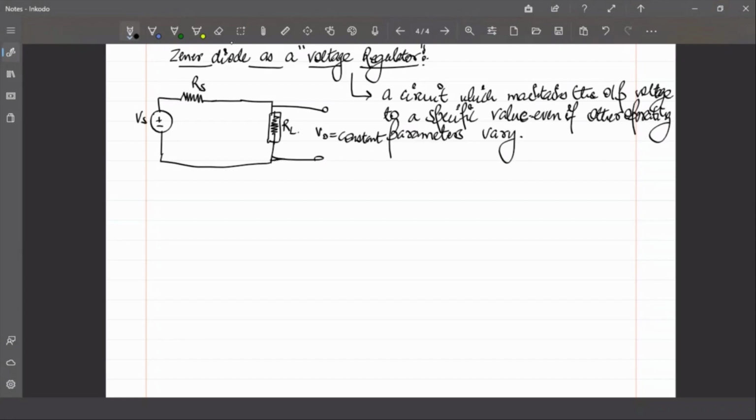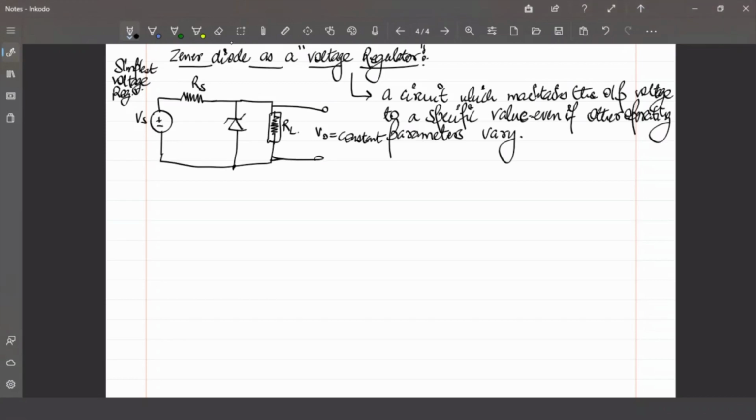That means I connect the Zener such that the cathode is connected to the positive and the anode to the negative terminal. If I connect your Zener diode like this, then this circuit is the simplest voltage regulator circuit.